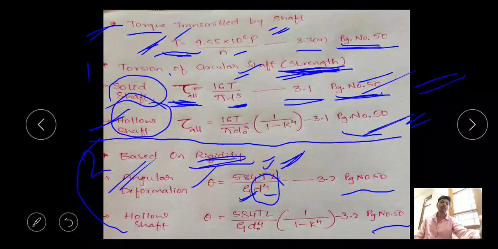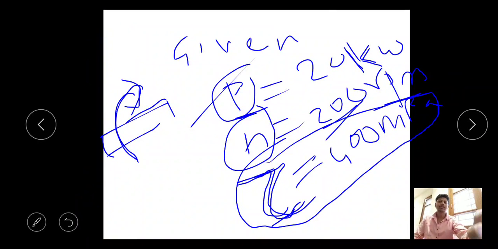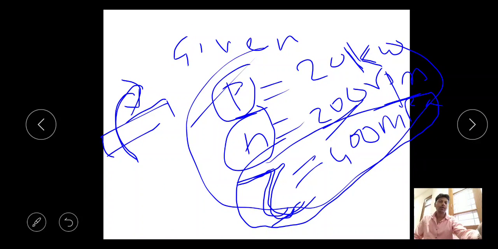Similarly, same thing: 584 T into L into G D naught raised to 4 divided into 1 divided by 1 minus K raised to 4. So these four formulas you are using to design. See, when we say design, all the values will be given. You have to find what is the diameter.